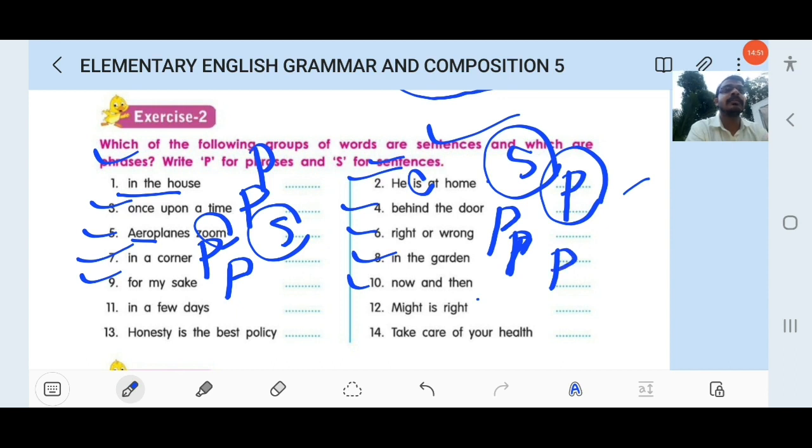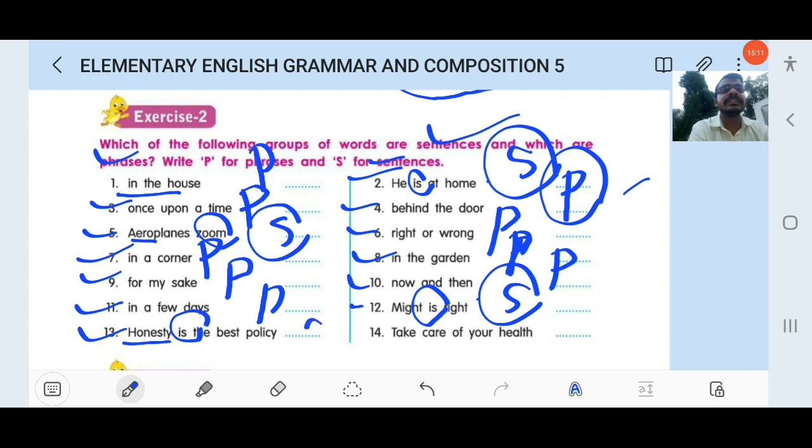Just you have to identify the verb and subject. If there is a verb, this will be called a sentence. In a few days. This is also a phrase, not a sentence. Then next, might is right. So here you find there is a verb, is. So this is a sentence, not phrase. Then next, honesty is the best policy. So you find there is a verb, is, and subject honesty. So this is a sentence because it makes a complete sense.